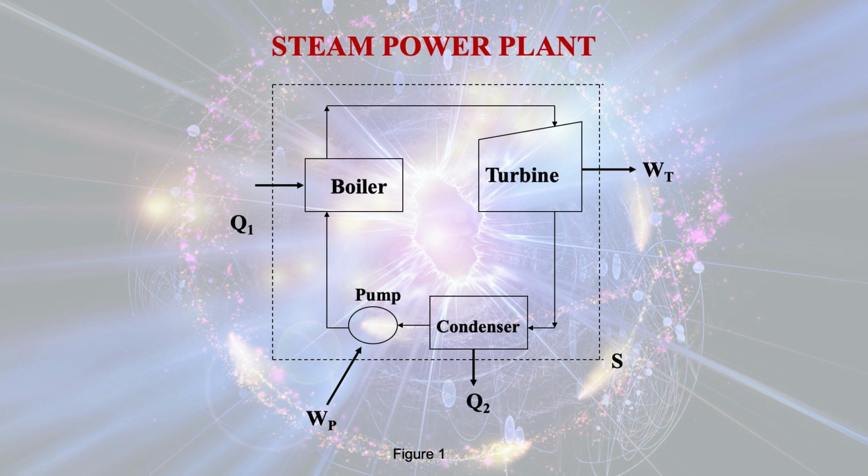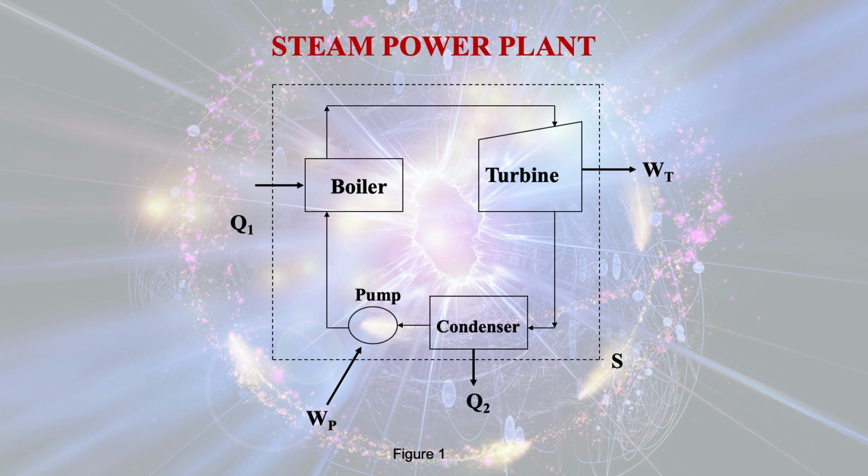Here Q1 is the heat input to the boiler, which we will consider as positive. WT is the work done by the turbine, which we will consider positive because as per the sign convention, work done by the system is considered positive, and work done onto the system is negative.